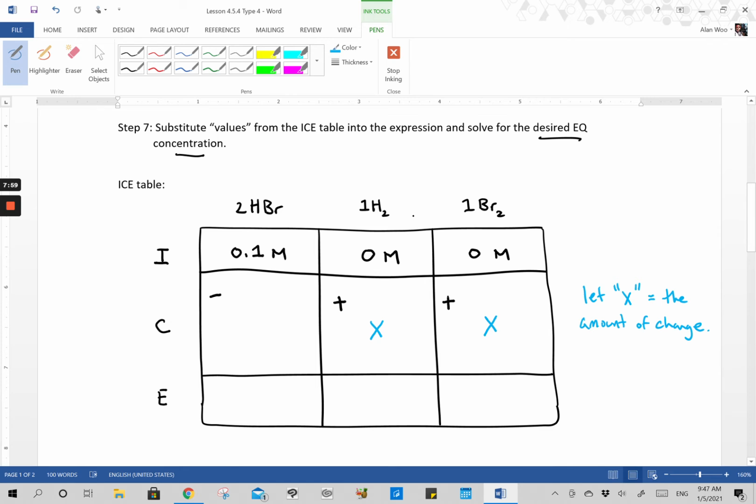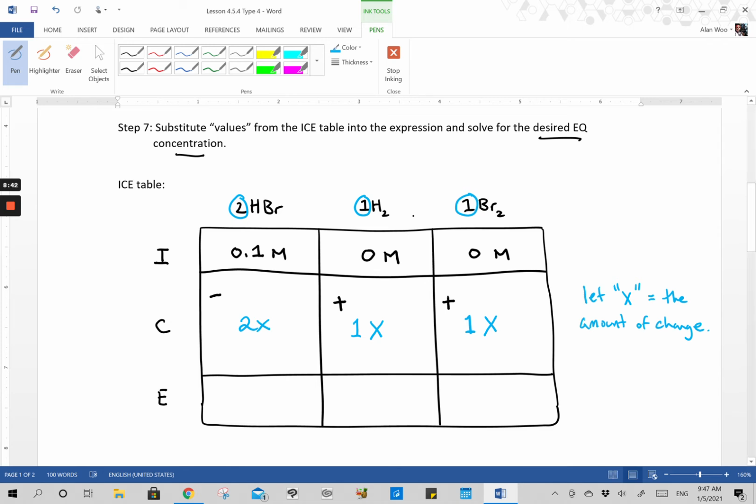Now, for HBr, it cannot just be a single X, because we have a 1 in front of the Br2, so that's a 1X. You have a 1 in front of the H2, which makes this a 1X. But because you have a 2 in front of the HBr, this is going to change twice the amount compared to the others. So it's going to be 2X amount of change.